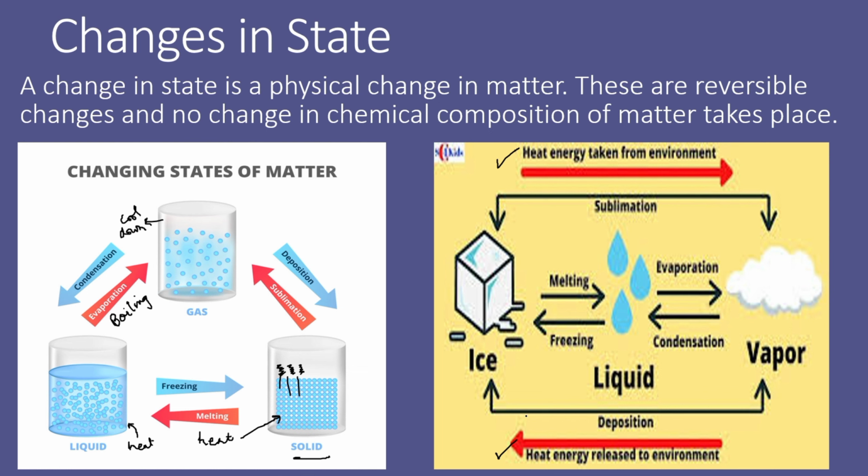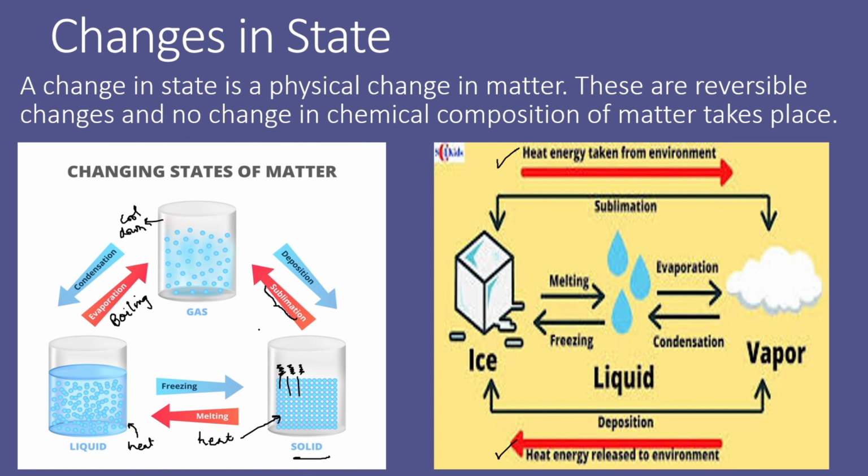Now another process is also mentioned over here, which is called sublimation. So sublimation, you can say that there are few solids that do not melt, and when they are heated, instead they turn directly into a gas.